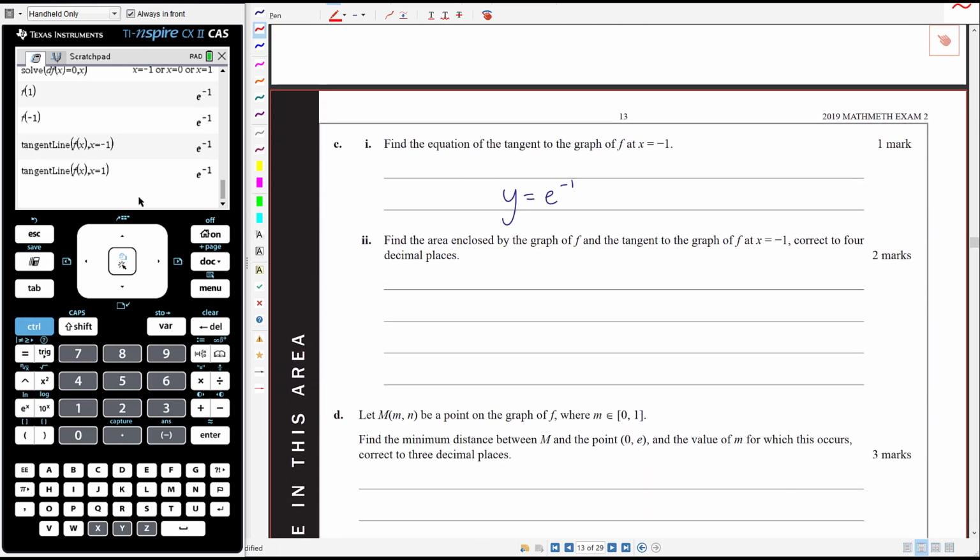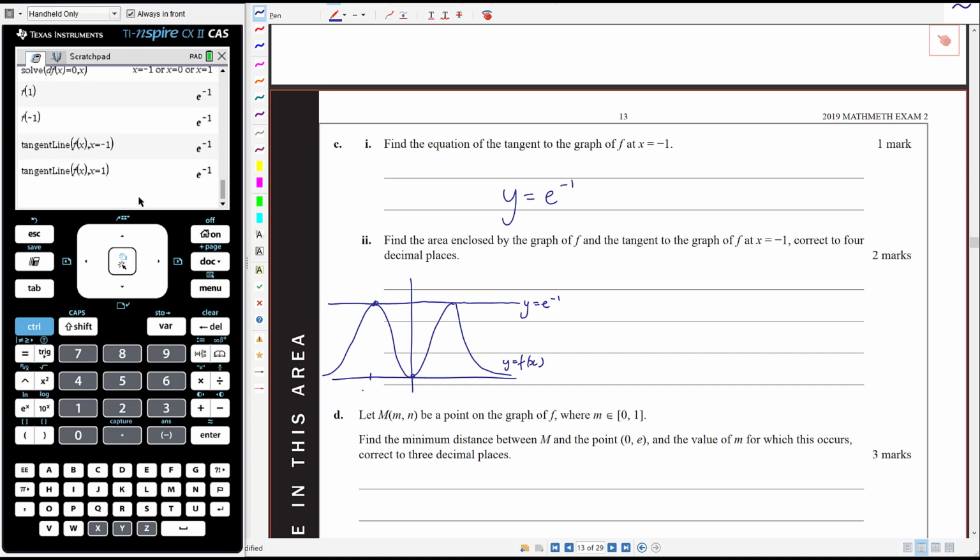Find the area enclosed by the graph of f and the tangent to the graph of f at x equals -1, correct to 4 decimal places. Okay, so again, let's just draw ourselves a rough sketch of what's happening here. So we go through 0, 0, we go through those, we get our asymptotic behaviour out here, and we've found the tangent is y equals e to -1.